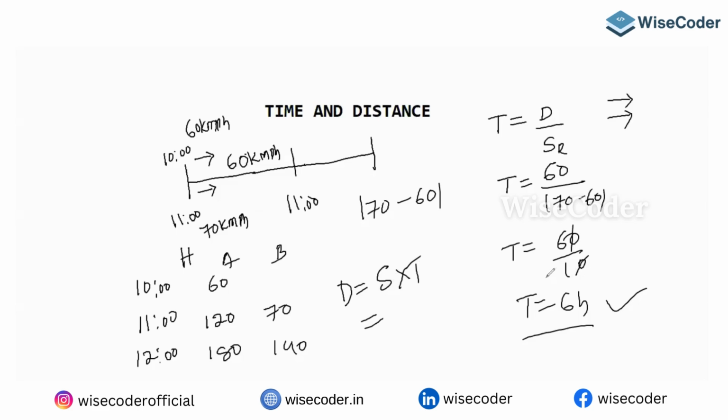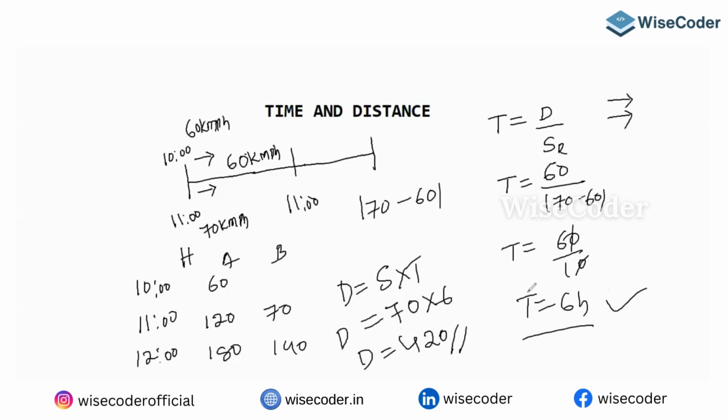So what is the second train speed? 70, into 6 hours. Then the distance is going to be 7 5 are 35, 7 6 are 42, 420. At a distance of 420, the second train will overtake the first train, and at what time? At 6 hours.